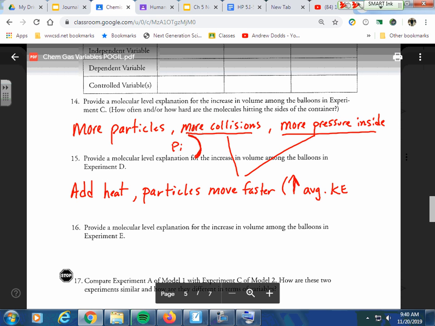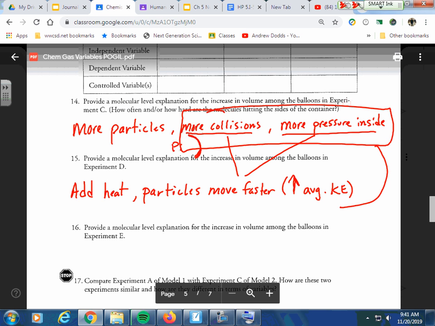So we're saying average kinetic energy is increasing, and then we'll take these two answers and add them to that, which means there will be more collisions. There will also be more force in these collisions, which will lead to a higher internal pressure, making the balloon expand. And it will expand until the internal pressure is then balanced with the external pressure again.